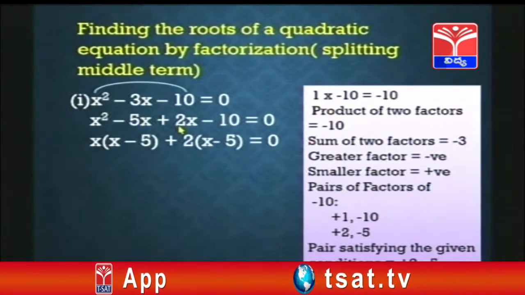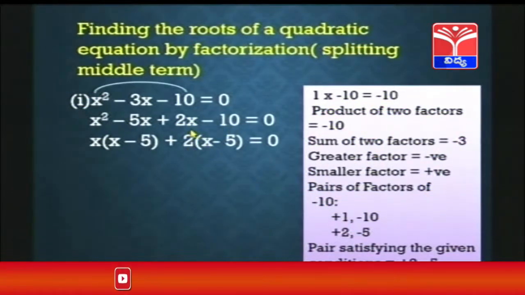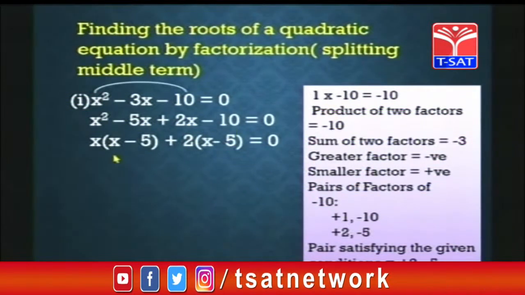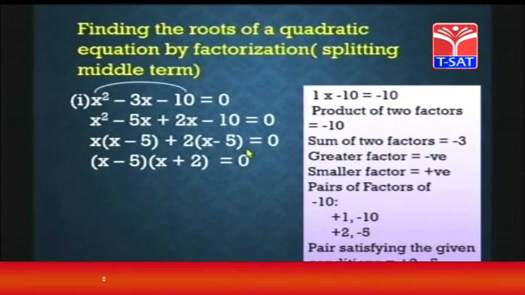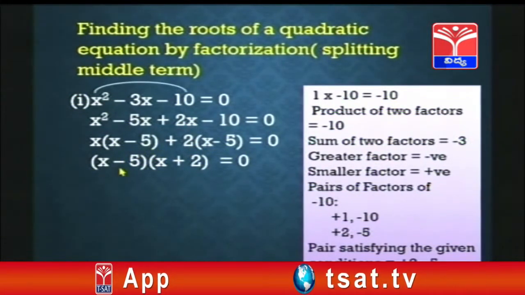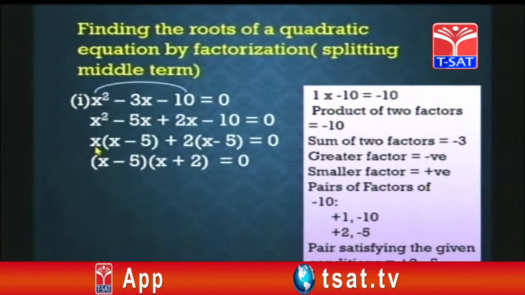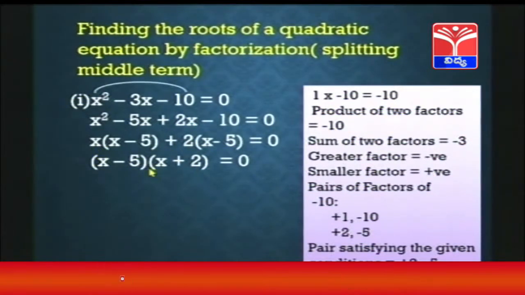Similarly, I take 2 as common in the remaining two terms. 2 into x gives me 2x and 2 into minus 5 gives me minus 10. So we observe x minus 5 is common in both the terms. If I take x minus 5 as common, I am left with x plus 2. So x minus 5 into x plus 2 is equal to 0.